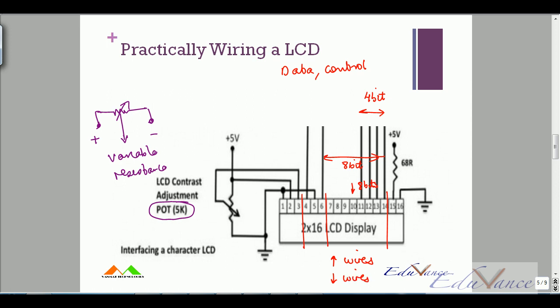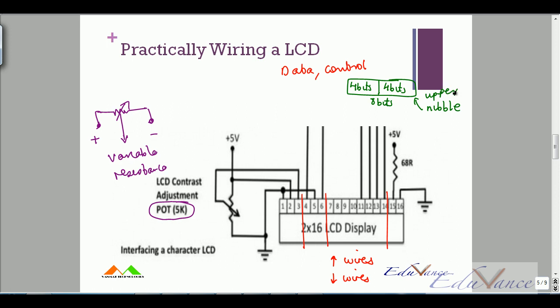However, to use it in a 4-bit mode, there is a small thing that we need to know: given 8-bit data, we have to divide it into 2 halves, the upper 4 bits and the lower 4 bits. It's also called a nibble, the upper nibble and the lower nibble.